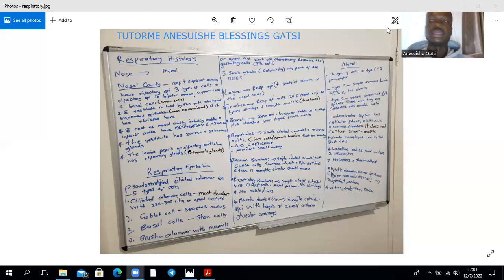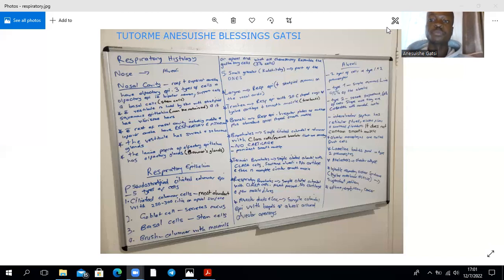The basal cells will be small and rounded. When I show you the picture later on, you're going to see that the cells closest to the surface in this olfactory epithelium are the supporting or sustentacular cells, and the basal cells are more basal. Those are very small, rounded cells, and they act as stem cells, like we said.